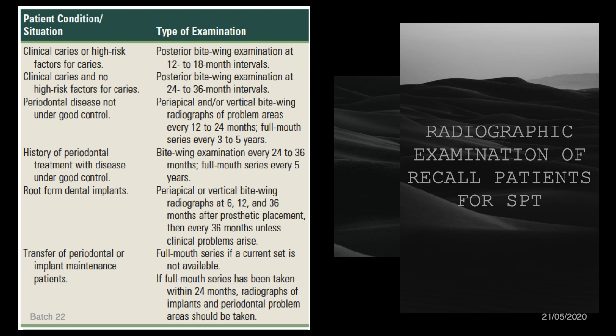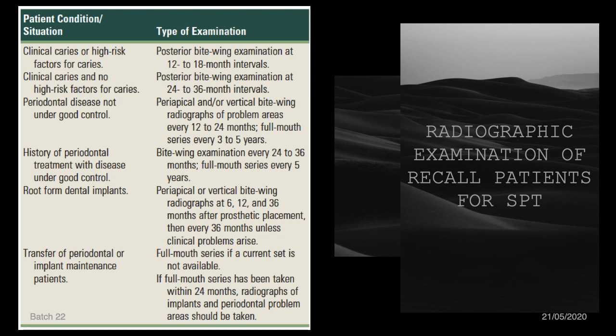For transfer of periodontal or implant maintenance patients, you have to take a full mouth series if the current set is not available. If a full mouth series has been taken within the last 24 months, then take a radiograph only for the site involved with disease.